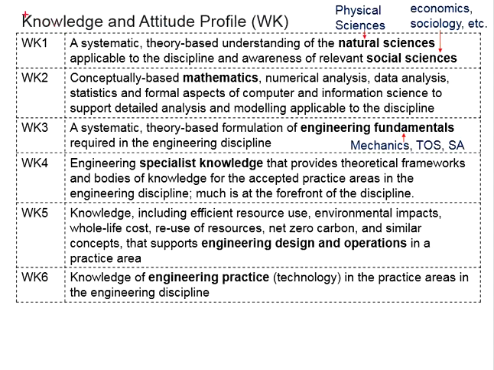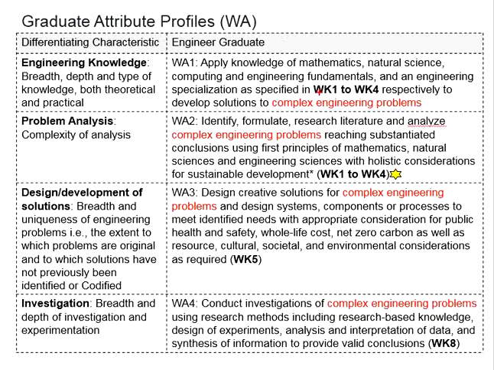In the previous videos, we talked about the 9 WKs, which are the knowledge and attitude profile. The WKs are a part of the graduate attributes. We have 11 graduate attributes, which establish the characteristics and the attributes of graduates to have the ability to perform engineering practices in the global market.